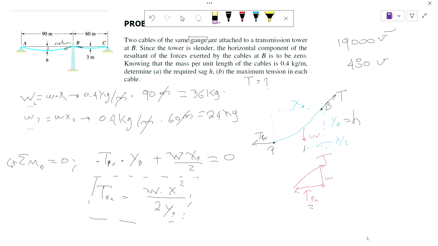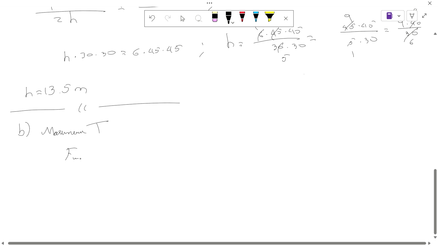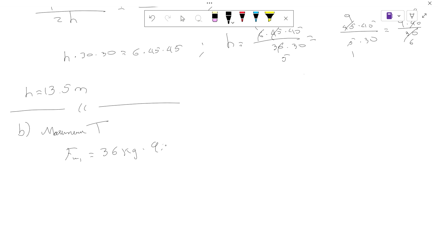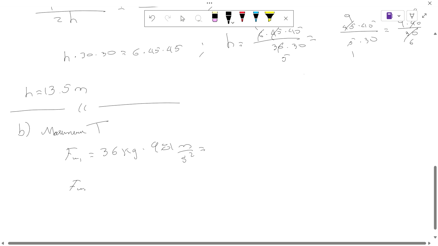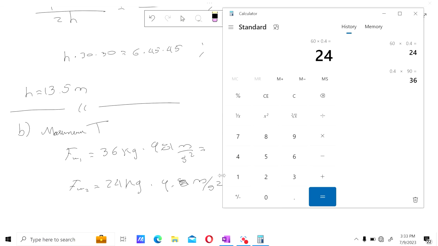So 36 and 24. So force for W1 is equal to 36 kilograms times 9.81 meters per second squared, and force for W2 is 24 kilograms times 9.81 meters per second squared. All right, so what is 36 times 9.81?